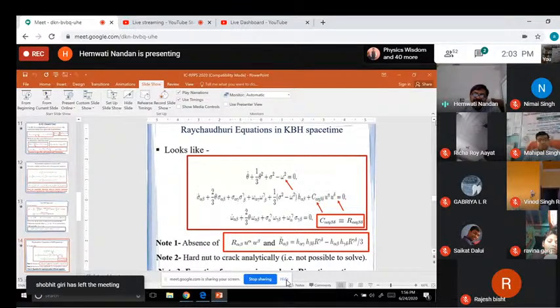Very difficult. It's very hard to do that. In some cases, and in flat space background, we have analytically solved these equations, but in four-dimensional setup, we still don't have any clue how to solve them analytically, to get exact solutions.